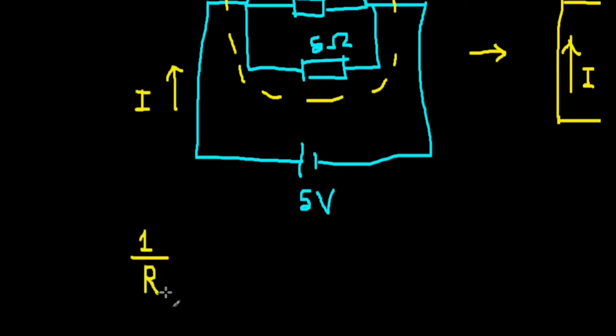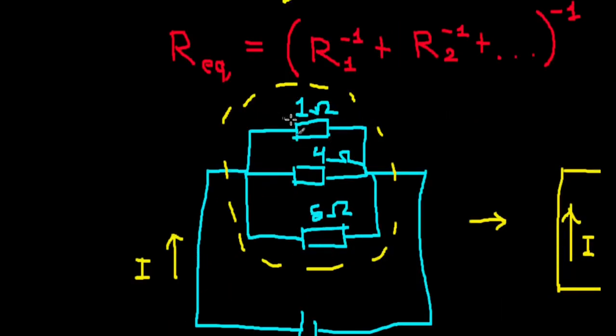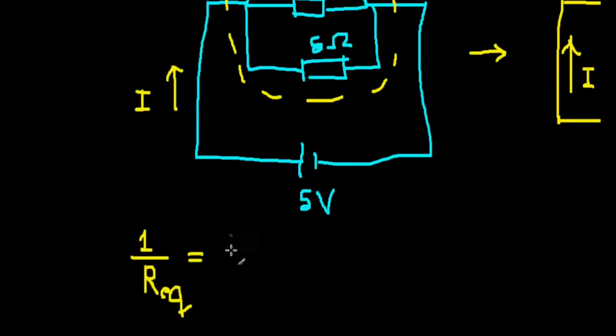R equivalent equals the sum of the reciprocals of the parallel resistances.